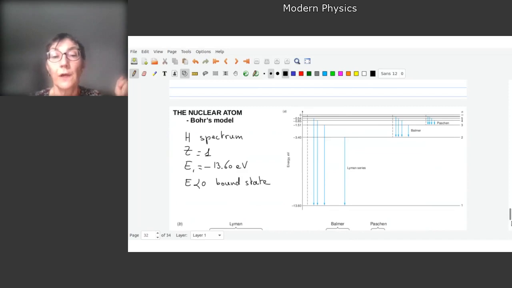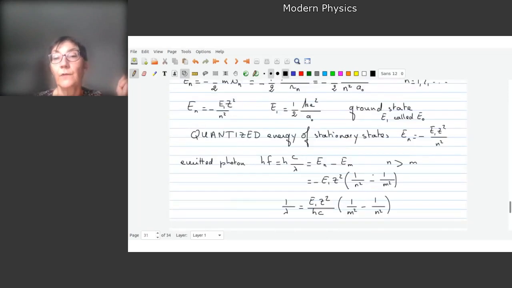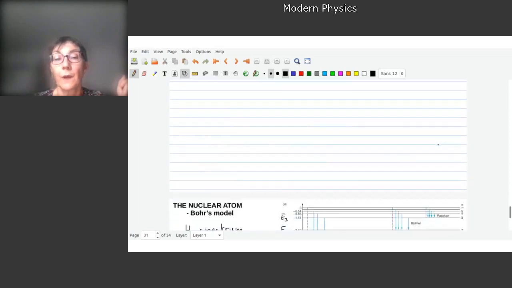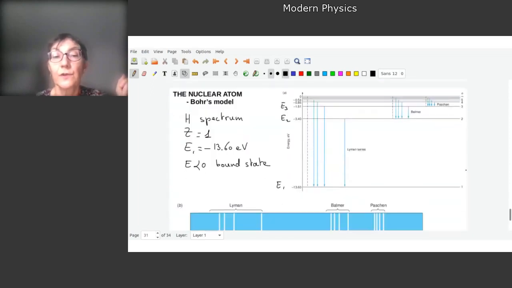So we can write it. This is what I called E1, this is E2, this is E3, etc. We can calculate them with this expression: E1 over n squared. You can see that the first one is the biggest one, and you have all this energy.